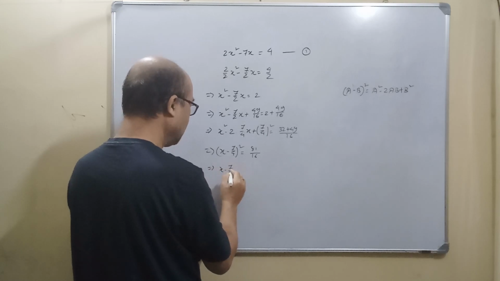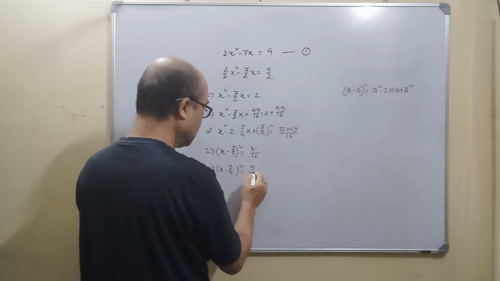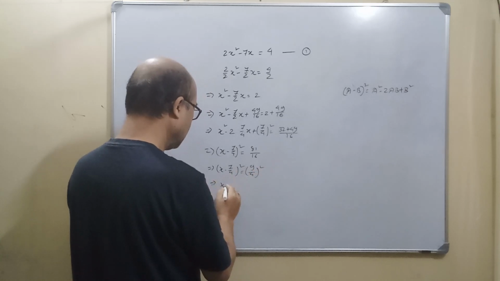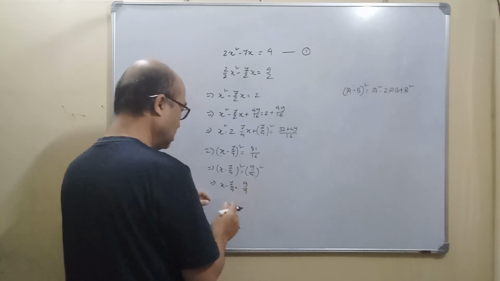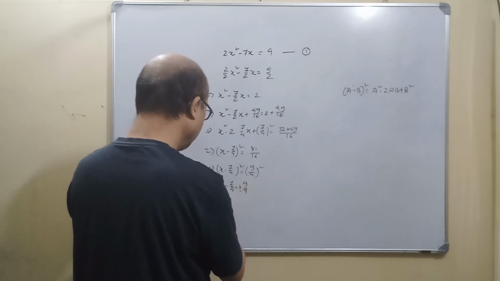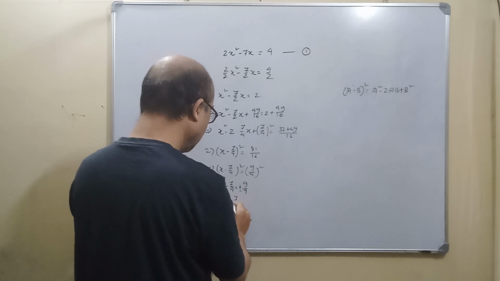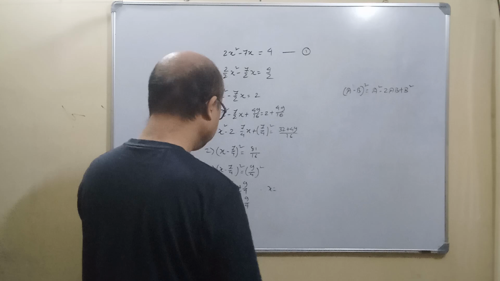So x minus 7 by 4 whole square is 9 by 4 square, which means x minus 7 by 4 is equal to plus minus 9 by 4, which is equal to x is equal to 7 by 4 plus minus 9 by 4.